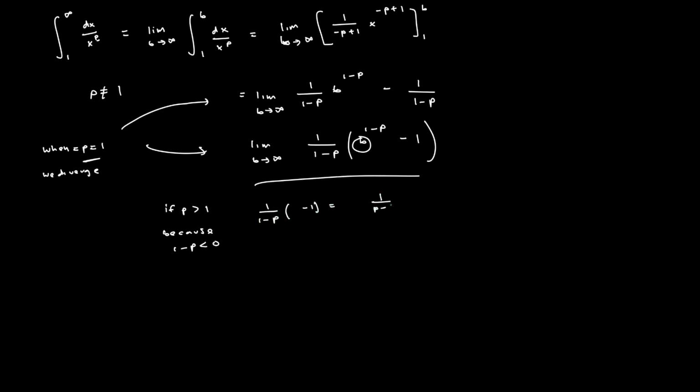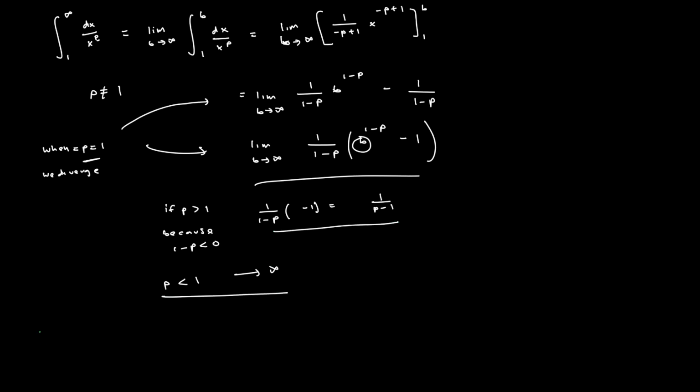Now, conversely, if p is less than 1, then 1 minus p will be positive. And so now our limit will go towards infinity because we're taking a large number and taking it to a positive power. So if p is less than 1, then we get infinity. So that means the limit converges if p is greater than 1, and the limit diverges if p is less than 1.